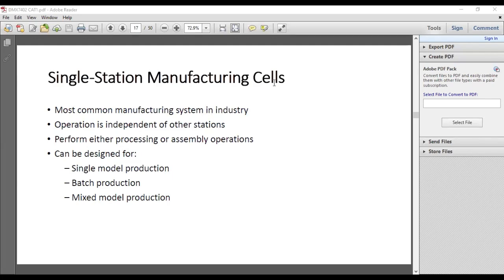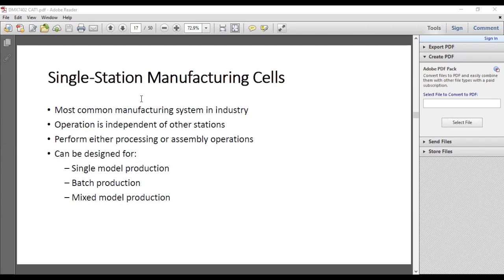Okay, so manufacturing cells are the most common, which is machine cells in manufacturing systems. Maybe operations are independent, maybe not.